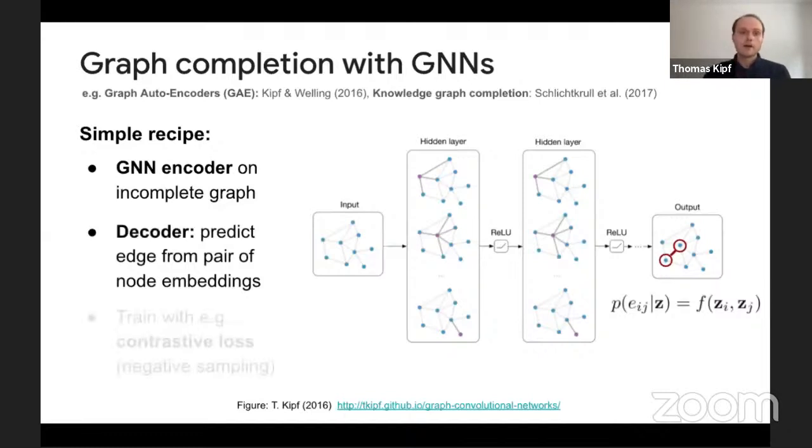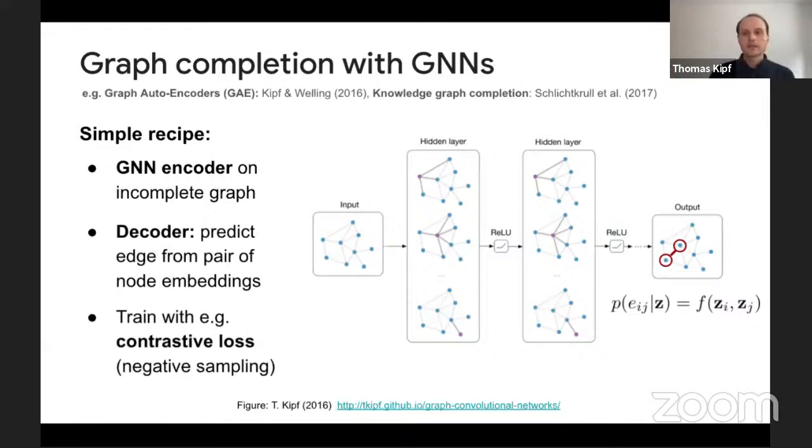And then you have a scoring function that gives you a probability that these two nodes are connected. And in practice, we would train this with a contrastive loss. So here we would train by taking some positive examples. But since we cannot typically enumerate all the negative examples in the graph because there's n square many, we sample some negatives to train this efficiently.